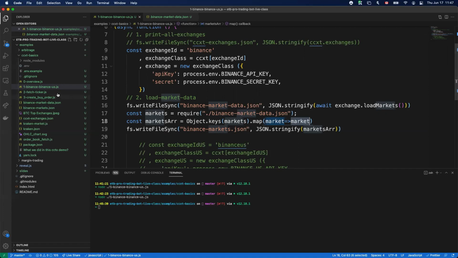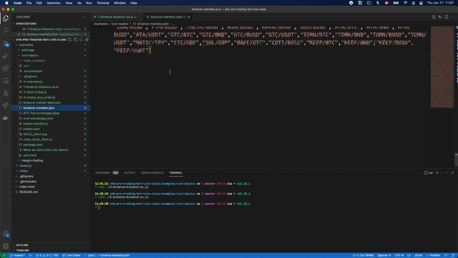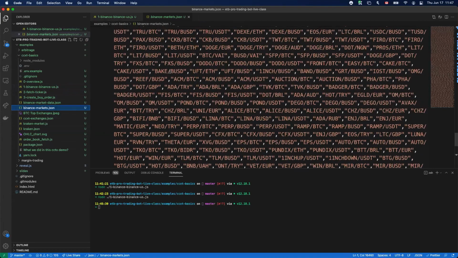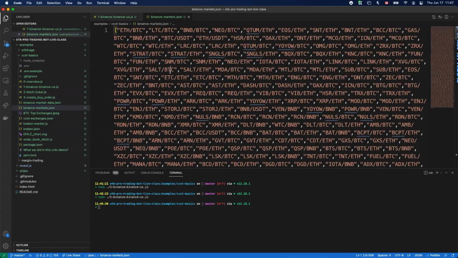So let me grab that. I am storing that into Binance markets.json. If I go to Binance market.json, which is here, you can see that I just fetched the markets. I basically did some extraction over the previous JSON which I showed.